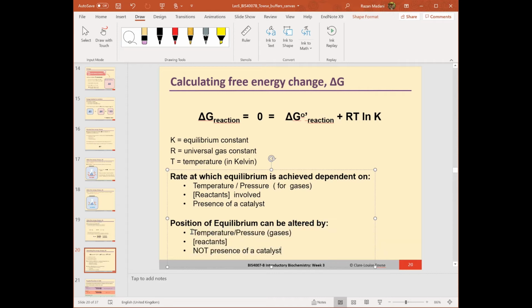Because remember, if the gas pressure increases, it will favor the side with fewer gases. Yeah, that's right. Because it always moves to make it equal, doesn't it? Yes, exactly. And the presence of a catalyst, but with equilibrium here. The catalyst just makes it happen faster, doesn't it? Yeah, it makes it happen faster, but it doesn't affect the position at all.